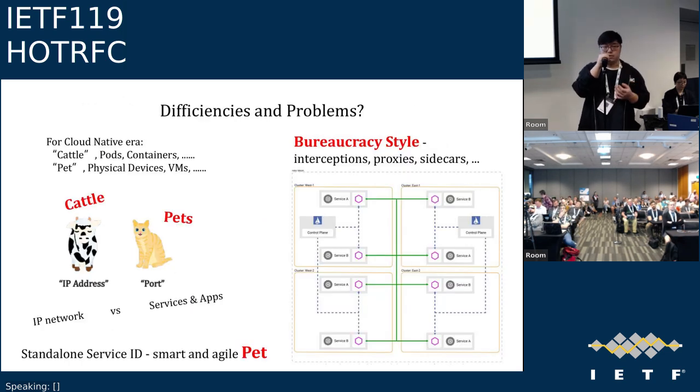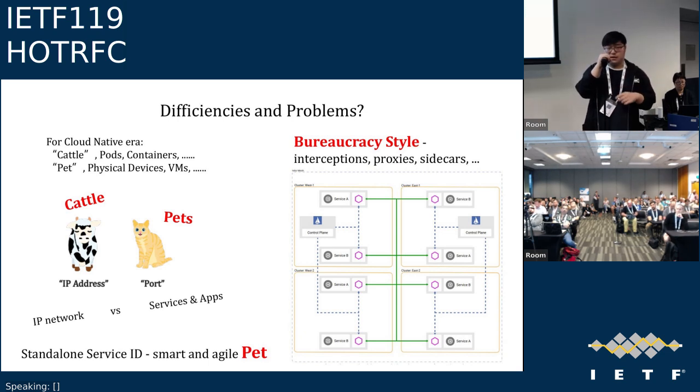Here I'd like to quote the classic saying that, with the upcoming cloud native era, pods and containers appear to be the cattle, while the traditional VMs and physical machines are pets. As for IP networks, the IP addresses are utilized as cattle, while the ports of connection to services are reckoned as the pets. So we think a new agile and wise path, a standalone service identification, could be utilized for our IP networks.